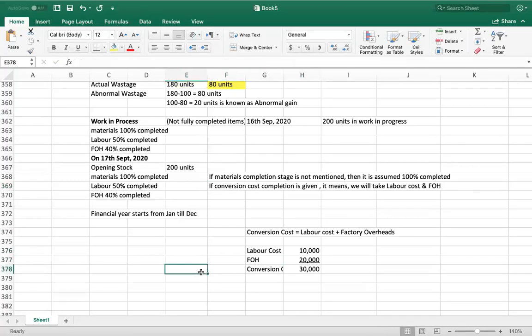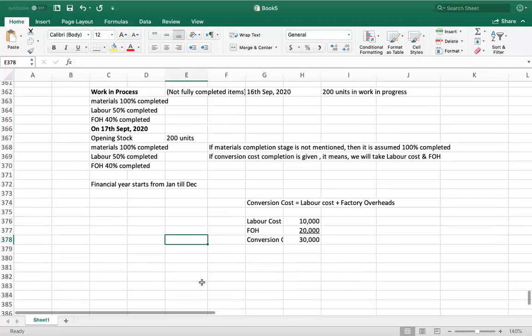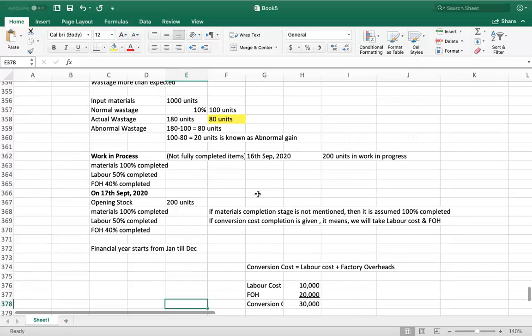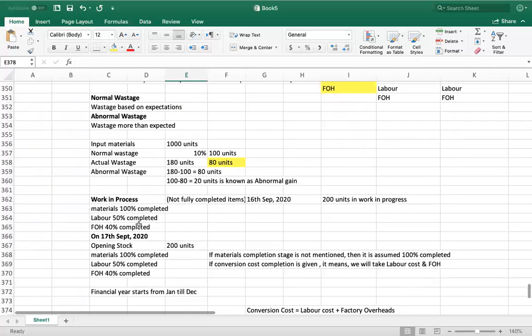In the next class, inshallah, we will do some calculations related to process costing. This is a little bit complex topic, so we will do more practice on this. But before practice, you should be very good in these small concepts.